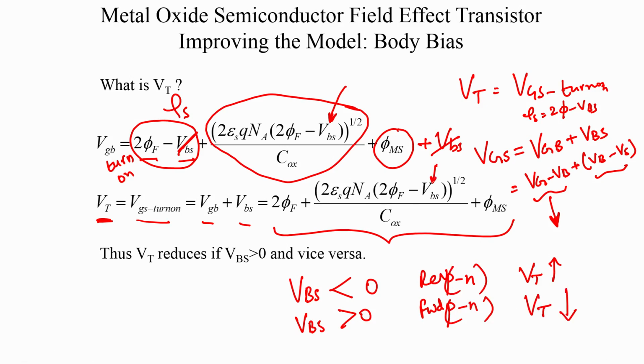So, if you make VBS positive, then this term becomes lesser and the threshold voltage decreases. On the other hand, if VBS becomes negative, then this term becomes greater than 2 phi f, and therefore, the threshold voltage increases. Okay. So, the body to source voltage can also be used to control the threshold voltage of the device.